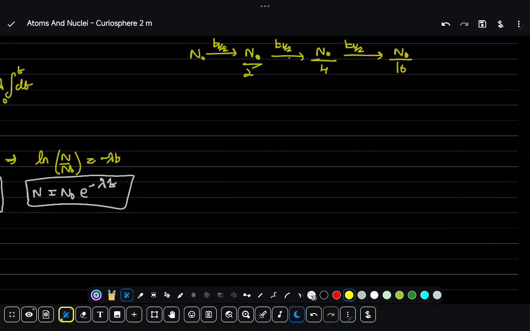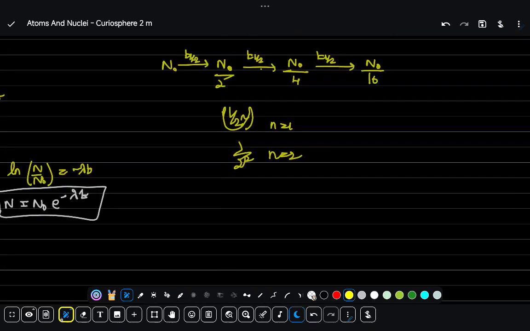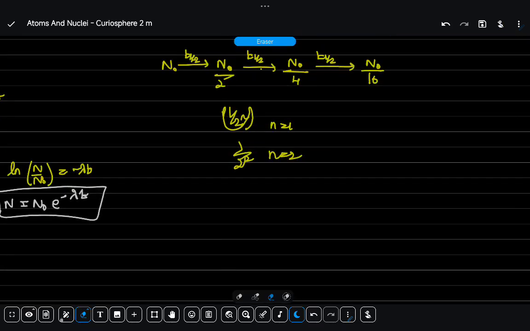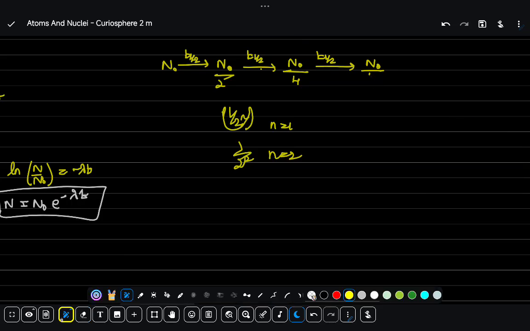So after 3 half lives, how much has it changed? See, after each half life, it is reduced by a factor of (1/2)^n. Do you notice? After the first half life, it is reduced by half, n is equal to 1. After the second half life, it is reduced by 1 by 4, (1/2) squared, n is equal to 2, because there are 2 half lives. For n is equal to 3, it is reduced by, I think it's not 4 by 16, it is by 8 actually, right? It's 8. So n by n naught is nothing but the fraction of molecules at any instant.